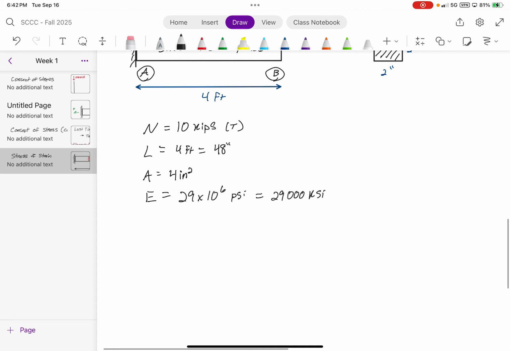So we now plug this into the calculator. Delta is just going to equal 10 kips times 48 inches divided by 29,000 kips per square inch times 4 inches squared. And what do we get for the deformation? Is it a large one or a small one?